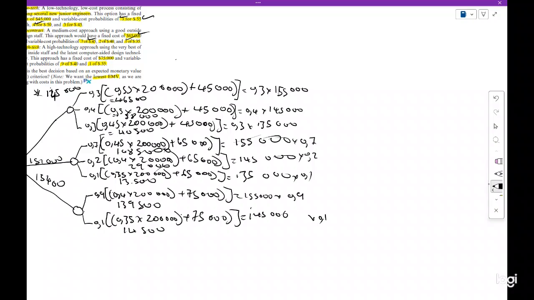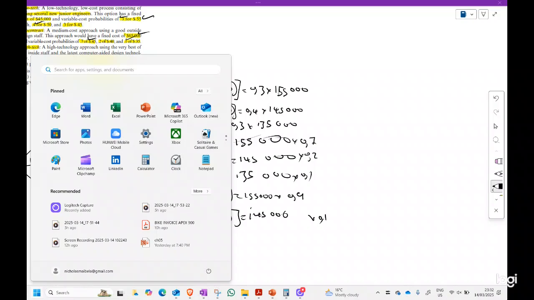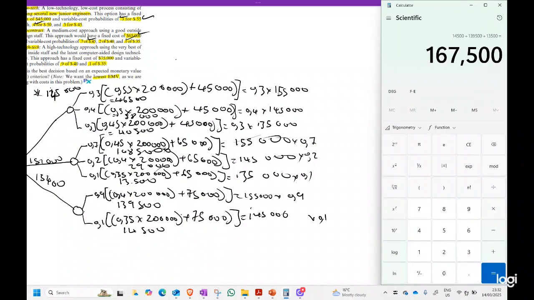What's happening with this calculator? It must come back and answer. Alright, something is wrong. Where was the 13,500 coming from? I don't know. Honestly, I don't know what I've done, but it's fine.